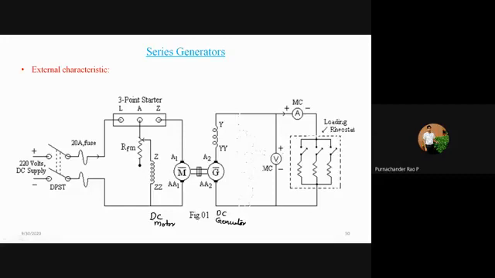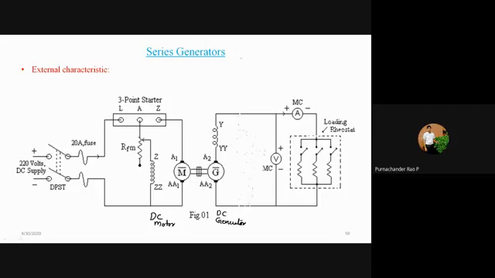With the help of this 3-point starter, your motor is started, and as the motor starts, the generator also starts rotating, and because of this some voltage is built up, which is nothing but the residual voltage. You can see that in your voltmeter. As the switches are open, the load is open circuit, so the current through the series field winding will be zero, and the voltage buildup is very small.